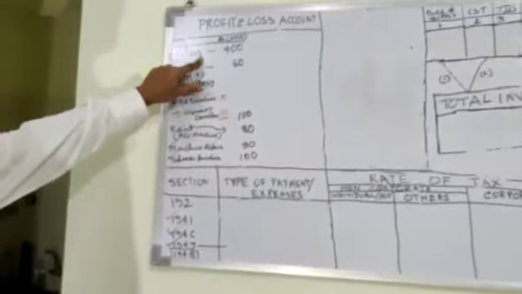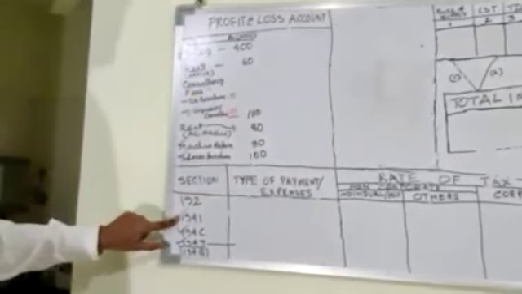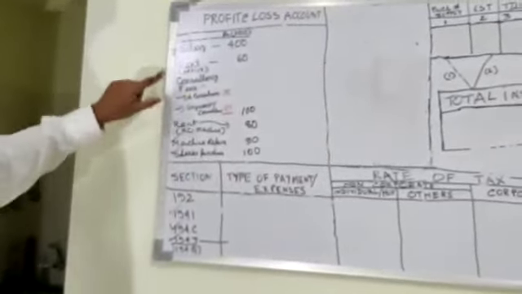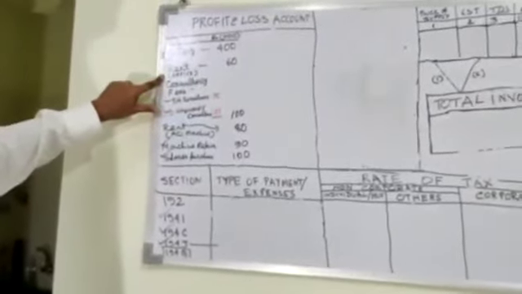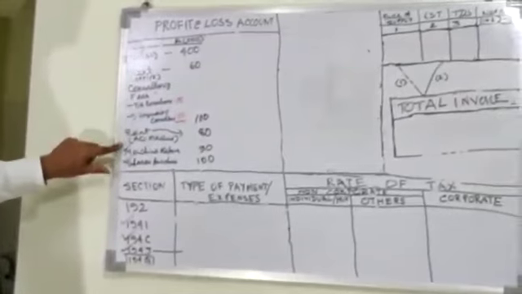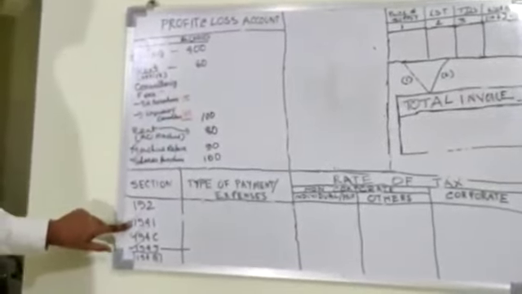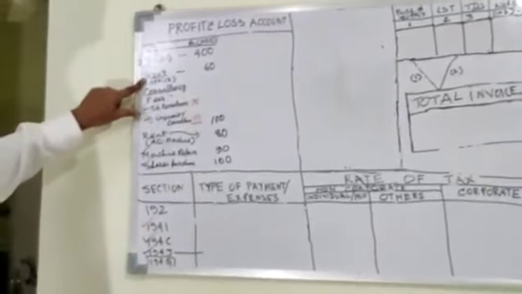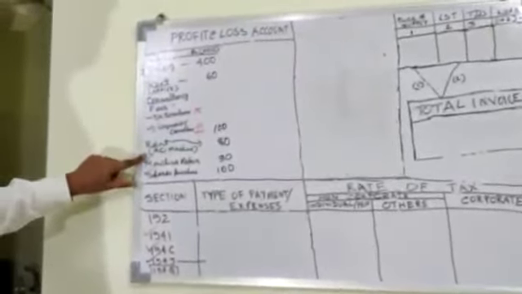Section 194I will be applicable when we make payment of rent. So rent again is of two types, rent for office and rent for machine. So the TDS rate for office will be different from the rate for machine.